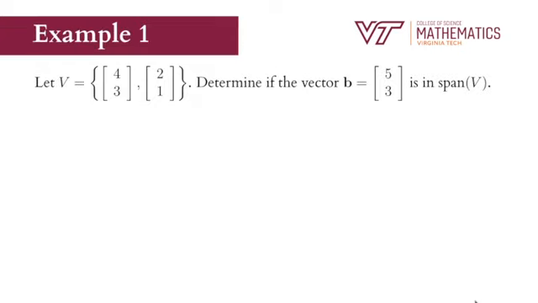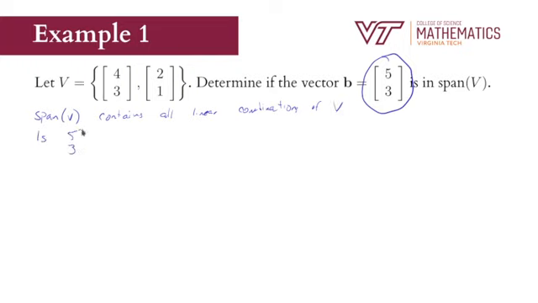So let's look at this example. We have these two vectors, and we want to know if we can build the vector 5, 3 out of these two vectors. By the definition, the span of V contains all linear combinations of the vectors in V. Is 5, 3 one of those linear combinations?